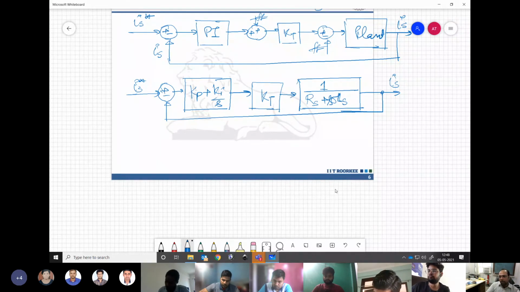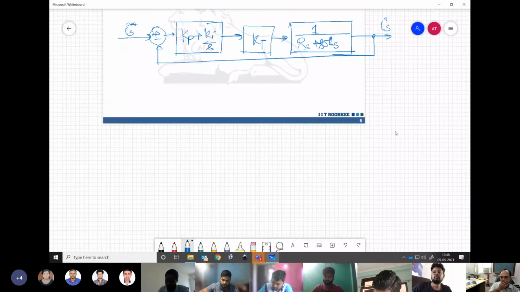Now what do we do next? Suggest what we do. You all have done DC separately excited motor and PMSM. You know what to do after getting this plant or the control loop block diagram. The pole zero cancellation.